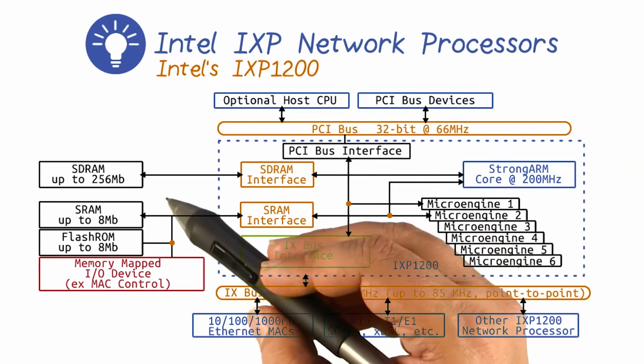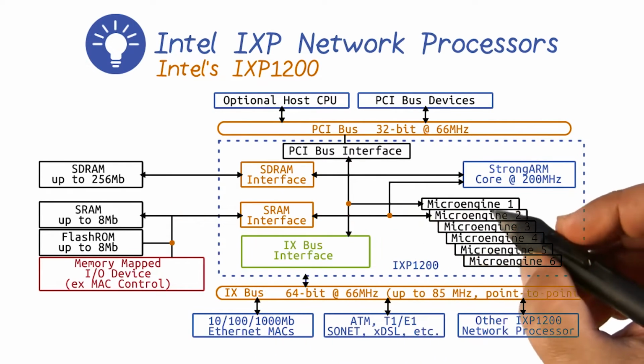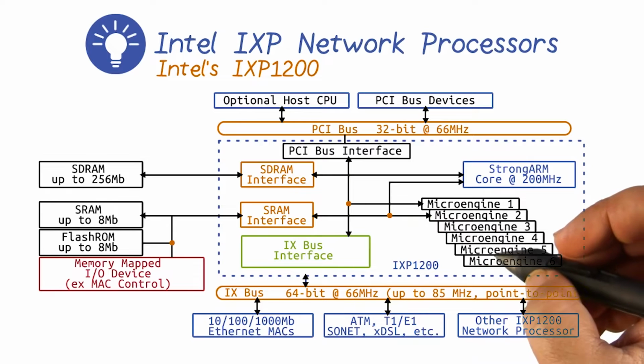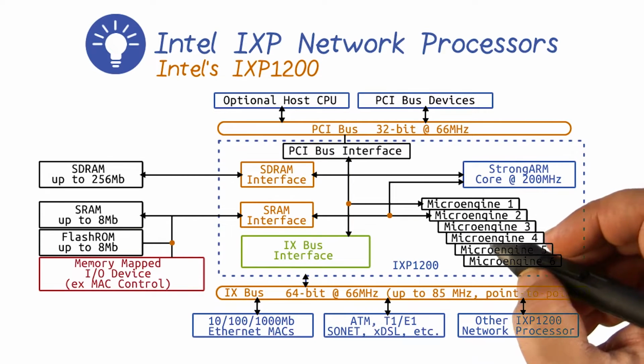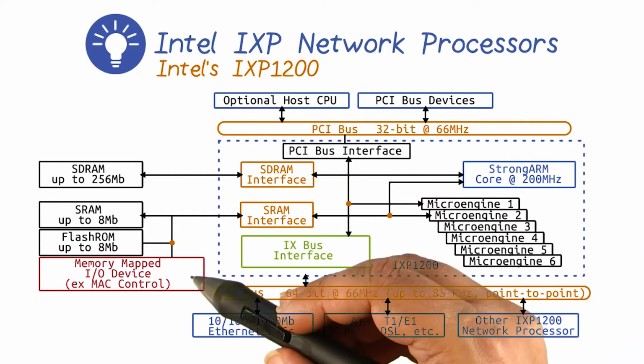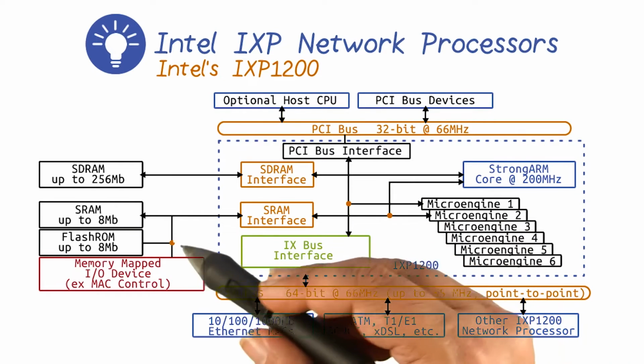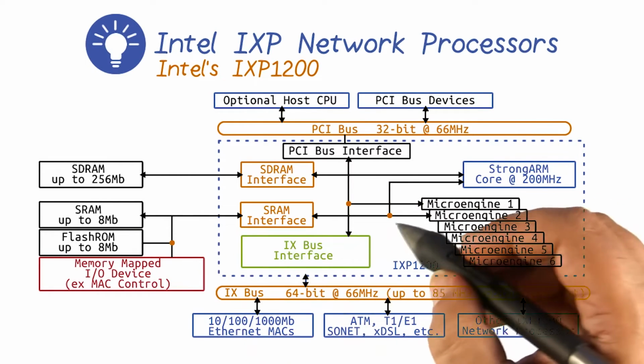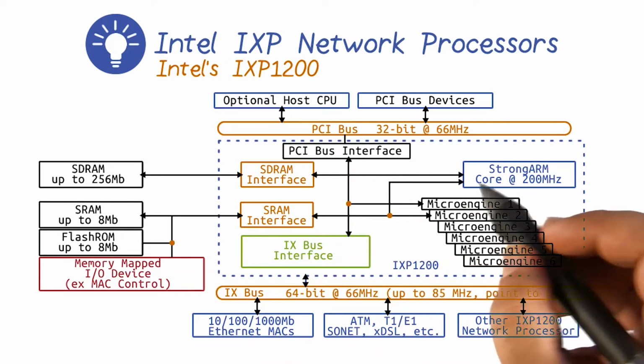So in this way, a lot of parallelism is achieved in IXP 1200. It is also achieved that we are able to store these packets in different levels of memory hierarchies to minimize the latency and to maximize the throughput.